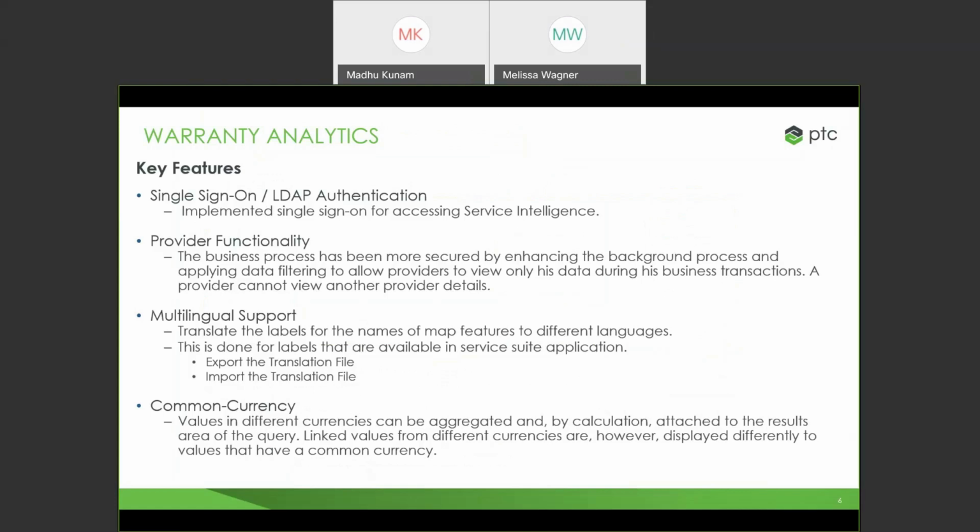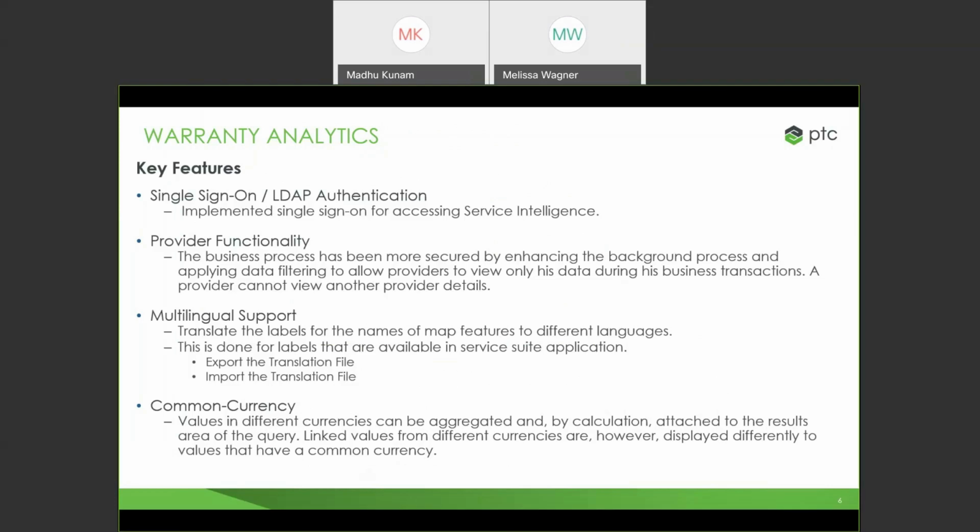If a user belongs to provider A, they are able to view only the data pertaining to provider A, or that particular business unit. If I'm a super admin kind of user, I can see all the data in the system.